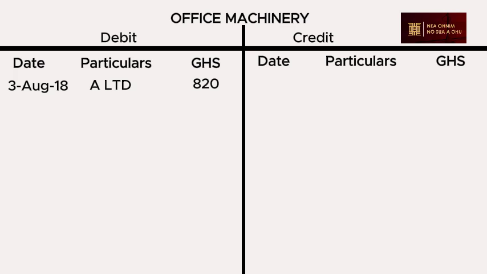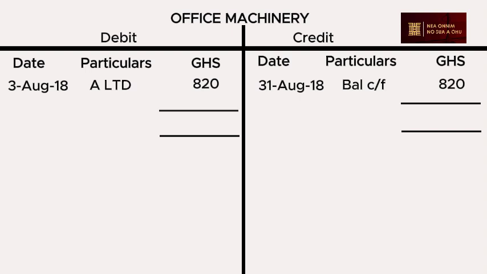So we would have for 31st August on the credit side, balance carried forward of 820 Ghana cedis. We underline both sides, and the total for both sides will be what? 820 Ghana cedis.